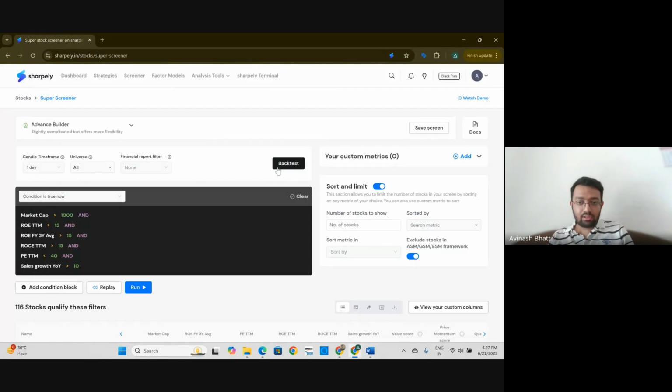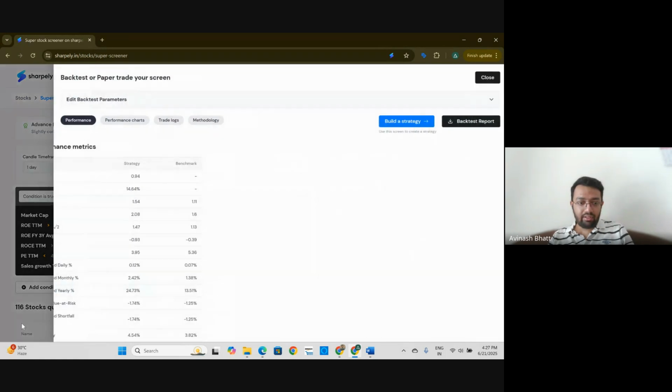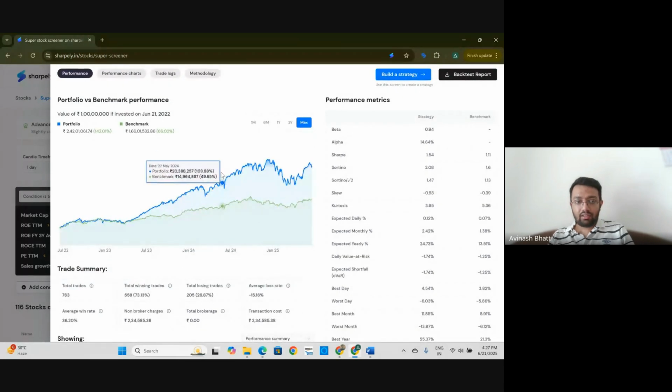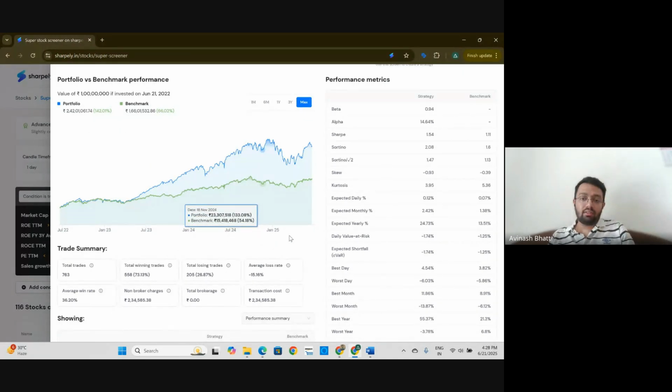But if you just check the results, if we create a stock portfolio from these stocks, the portfolio has outperformed the benchmark by almost more than double the returns, right? Again, as I mentioned, these are not guaranteed returns. If you build this screen and start investing, there is no guarantee that you will generate the returns, right?